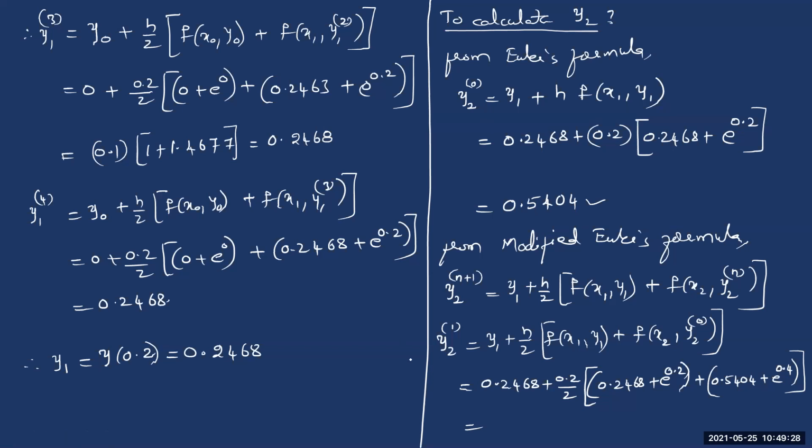Yeah, so I got this as 0.5968. Right, understand, this is the first approximation to y2. We need to repeat this procedure to calculate the other approximations. So I leave this part to you. I suggest you continue for at least 2 more approximations. Anyway, you are looking for 4 decimal accuracy, so please continue this until you get 4 decimal accuracy.